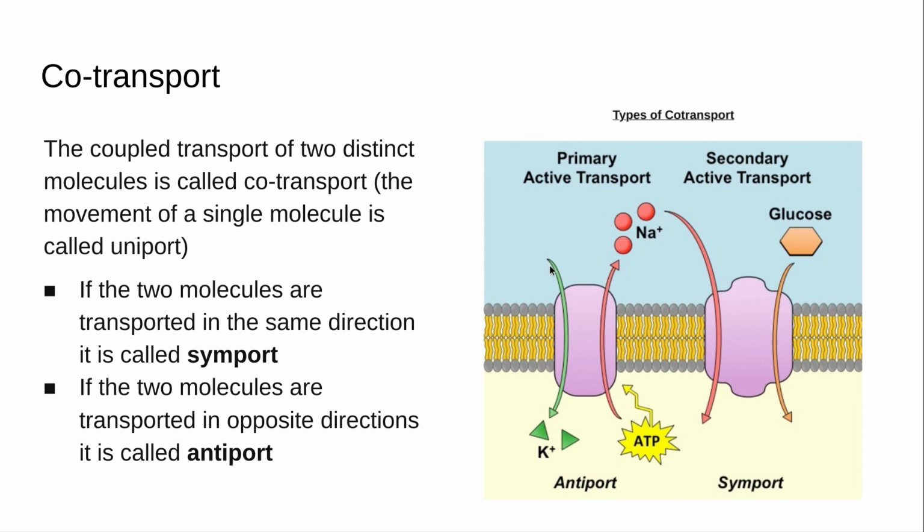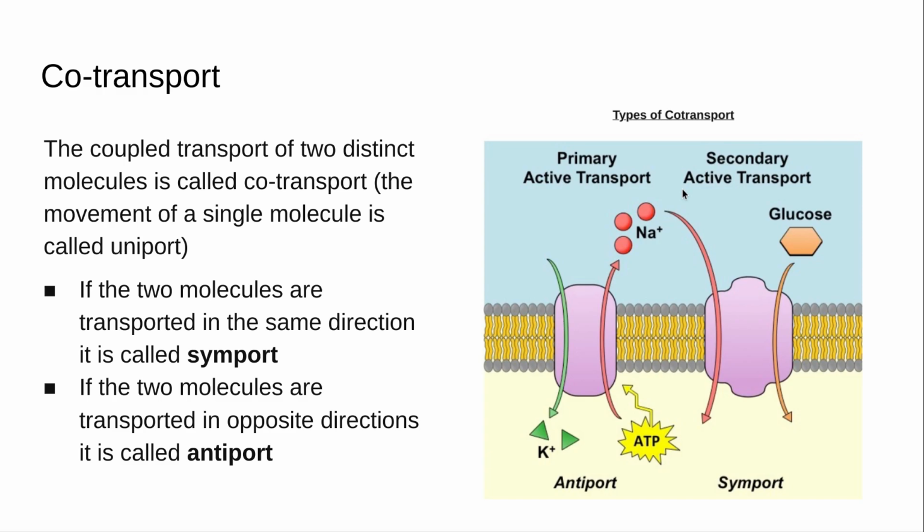This change in charge essentially promotes the movement of other molecules that need to be transported across the membrane. The second molecule is not moved directly because of the ATP, but because of the electrochemical gradient created by the movement of the first molecule. That's why we call it secondary active transport.